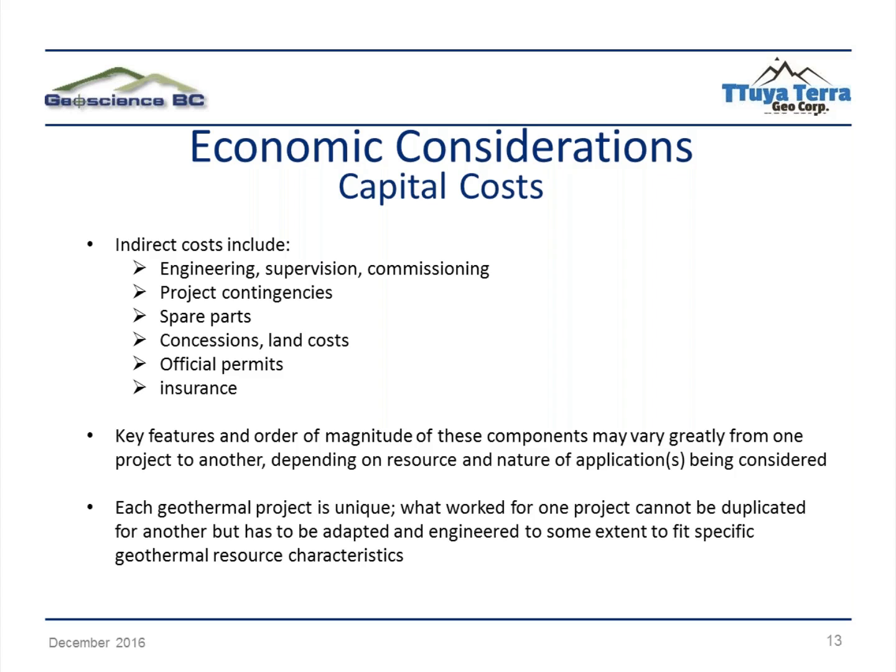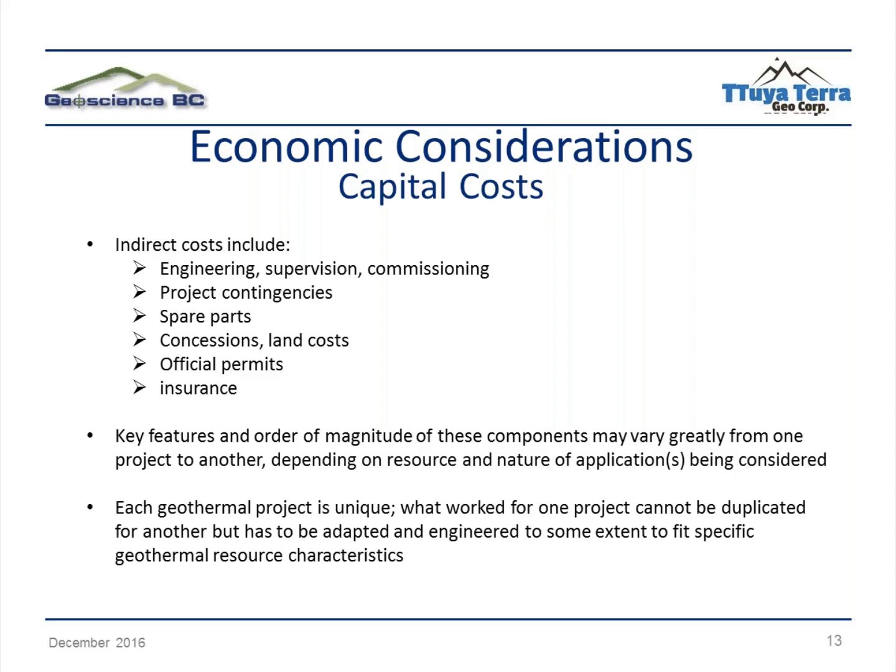You need to supervise that installation, and then you need to commission it. Things like spare parts need to be taken into consideration. And then obviously we have to have our permits. Those permits are both land use as well as use of buildings. And in some cases you need permits to actually produce your power. And there's usually insurance. So these are indirect costs that we have to remember are part of our financial models.